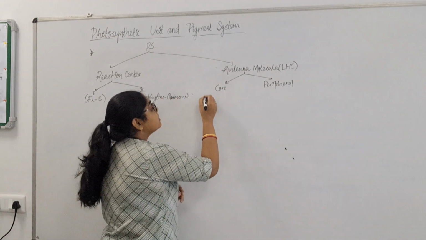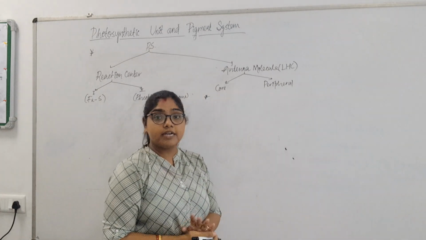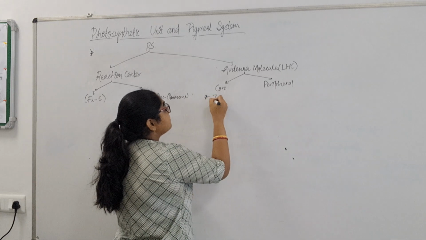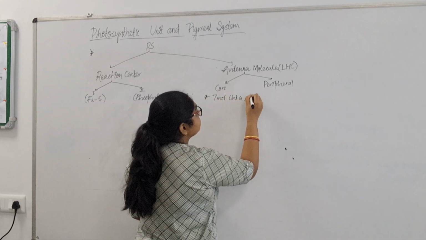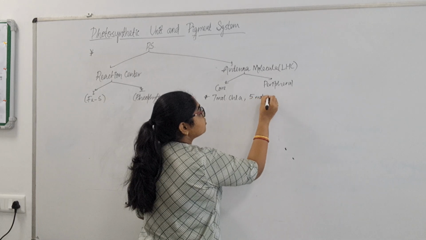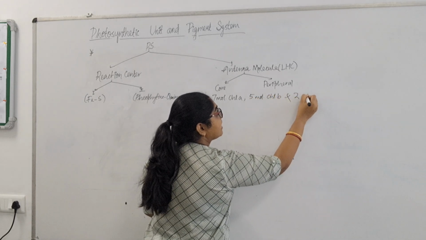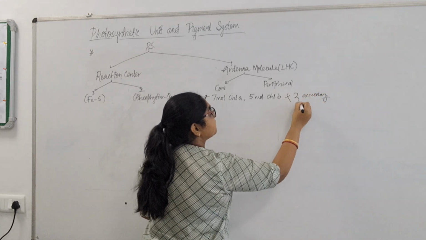So light harvesting complexes usually contain 7 molecules of chlorophyll a, 5 molecules of chlorophyll b and 2 accessory pigments. Okay.